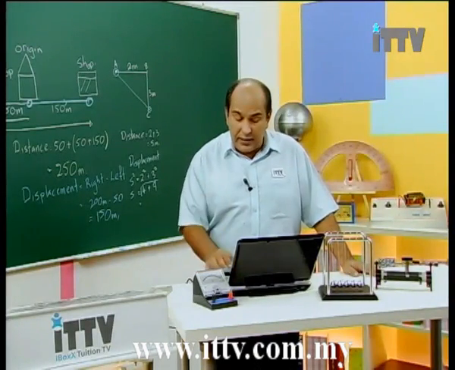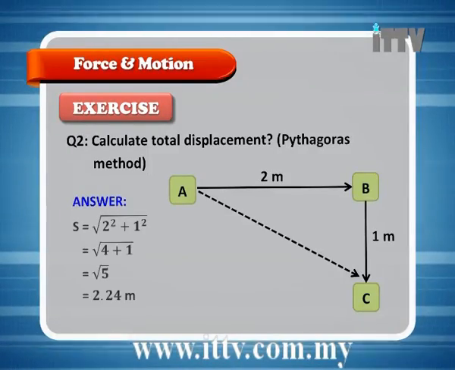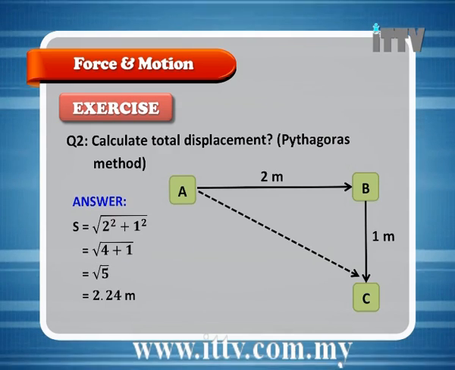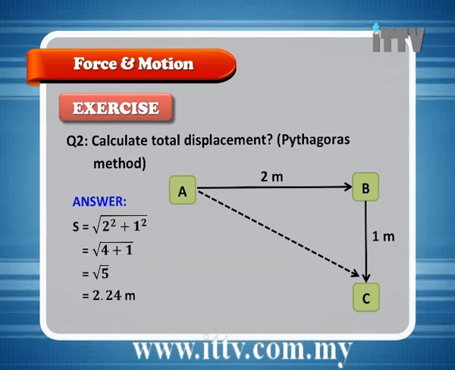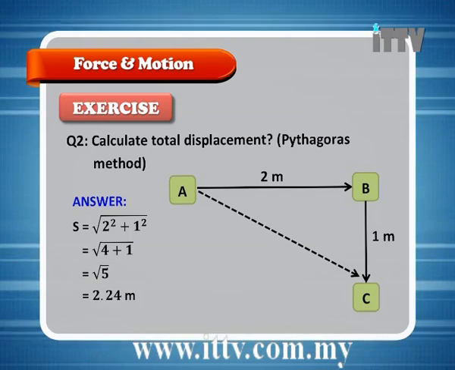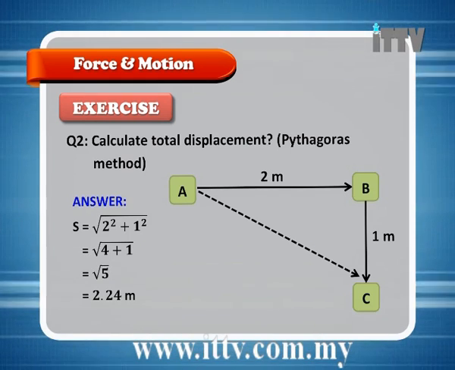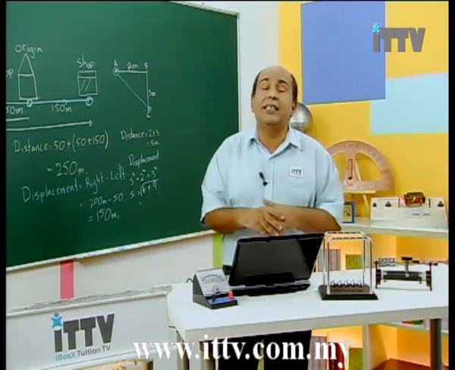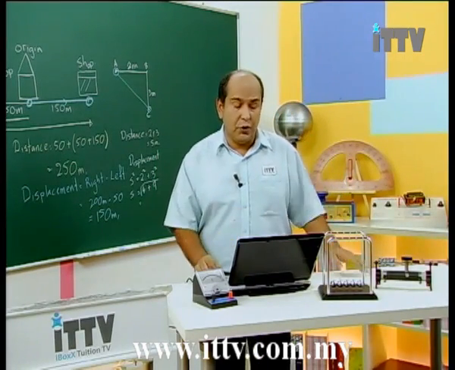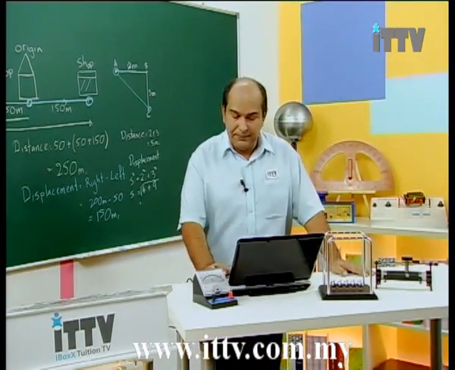So let's have a look at the answer. 2 squared plus 1 squared equals 4 plus 1 equals 5. Square root of 5 equals 2.24 meters. Okay, which should be an easy calculation if you use your calculator.